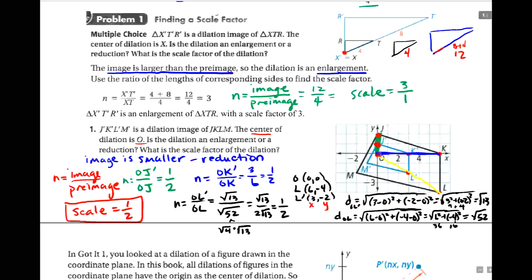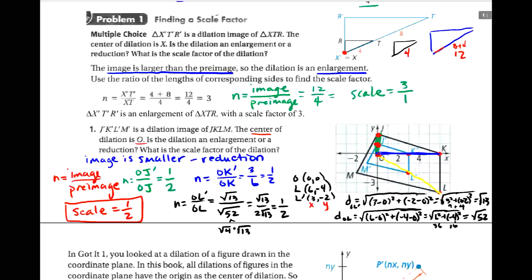How do we know what ratio that is? We simplify our radical. 52 is the square root of 4 times the square root of 13. The square root of 13 cancels, and I get 1 to 2. So definitely our scale factor is 1 to 2.